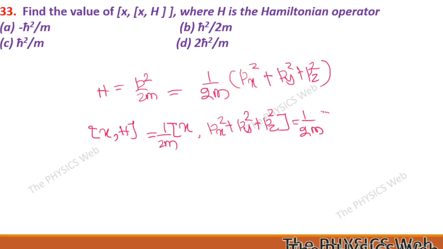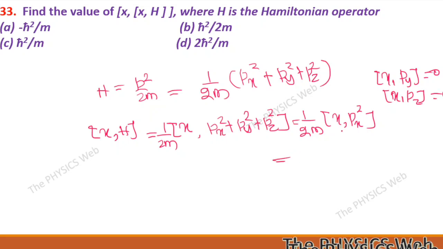Now 1/2m ([x, px²] + [x, py²] + [x, pz²]). But we know the commutator of x with py will be 0, and the commutator of x with pz will be 0.